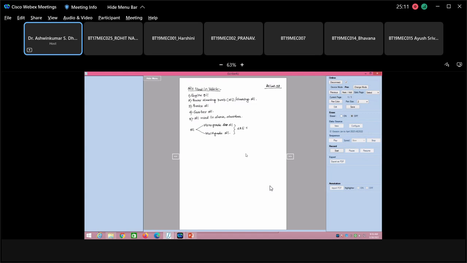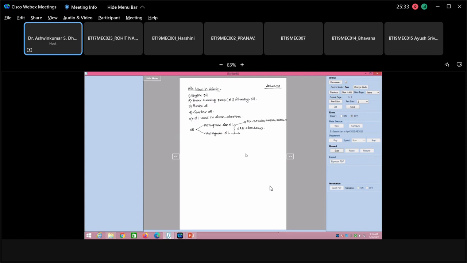So the SAE standards govern them. For example, for monograde oil, I will write down SAE 20 oil, SAE 30 oil, let us say SAE 40 oil.